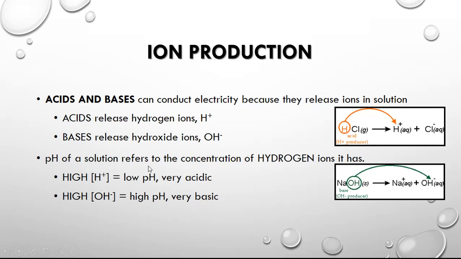The pH of a solution refers to the concentration of hydrogen ions it has. With high hydrogen ion, the pH would be low and they are considered very acidic. And if you have high hydroxide ion, the pH is high and they are considered basic.